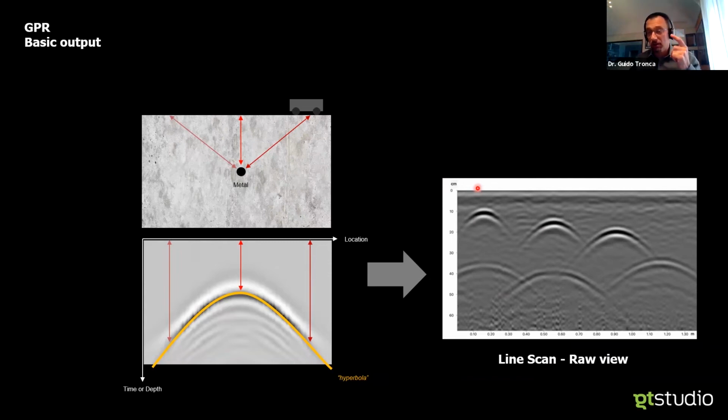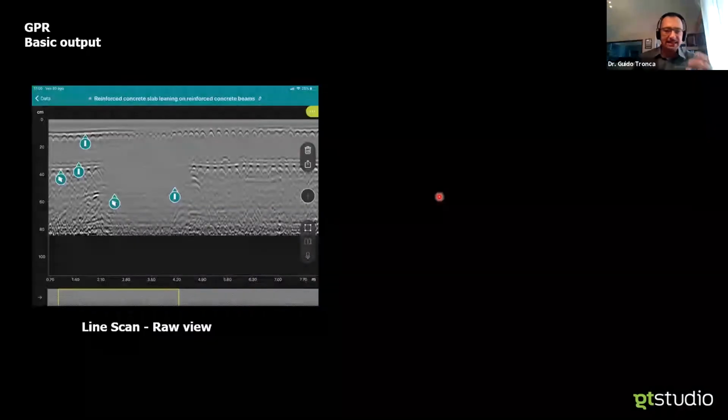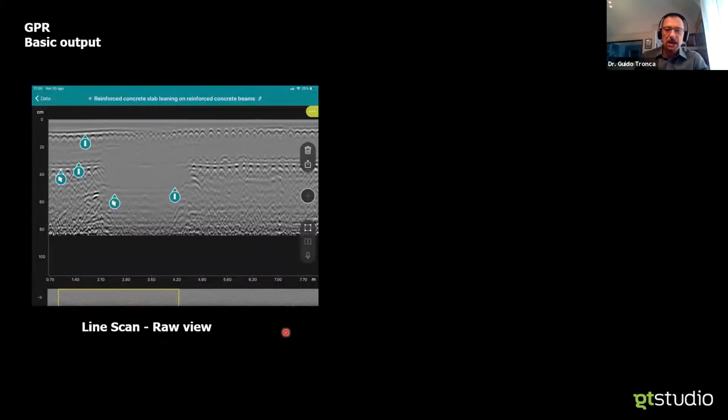And it's also the key reason why we can see multiple layers of objects. Okay, this was a very simple case. Let's take a look at a real case of a reinforced concrete slab.